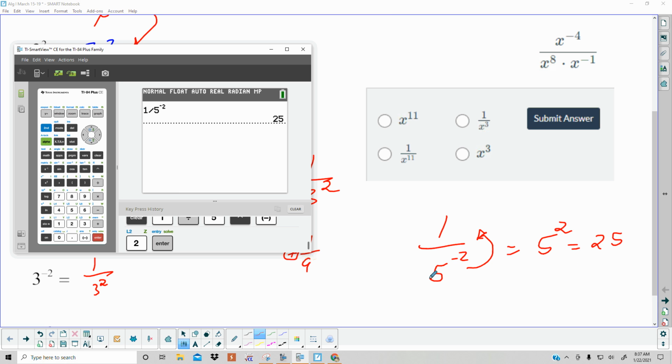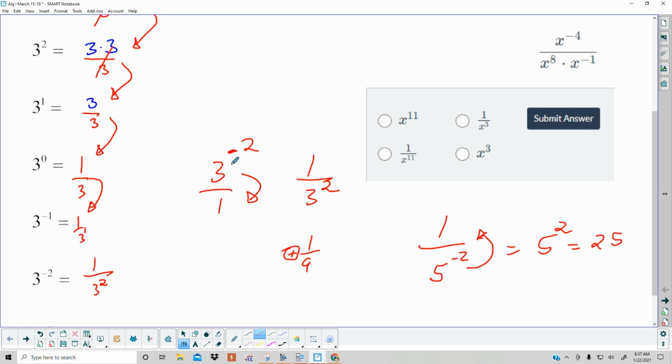If it's downstairs with the negative exponent, take it up. If it's upstairs with the negative exponent, take it down. So this one, it's upstairs, bring it down. This one's downstairs, bring it up. So the one that's in the bottom comes up, and one that's in the top comes down, and this one had a positive exponent, it stays put.